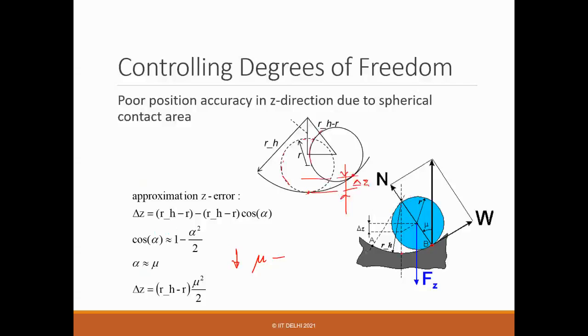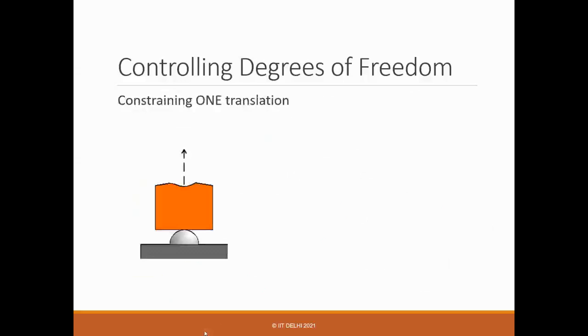This length, minus when it's already here and gets stuck here. And of course, mu is very small, so then cos alpha, and then alpha will be equivalent to mu. And this is the relationship you can get.